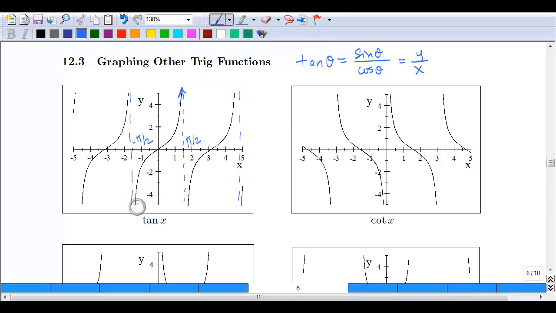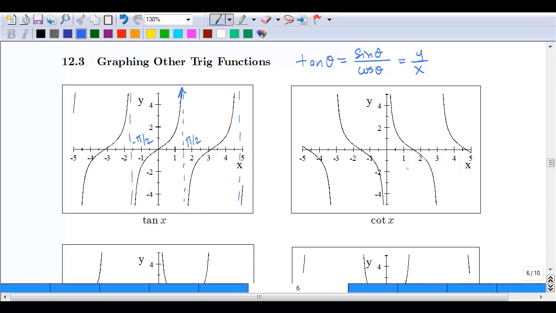We start off with very large negative ratios, and then we increase until we get to the 0, like we said, at the x-axis on the unit circle, so 0 divided by 1, and then we continue up until we get very large ratios again, because we are dividing by 0 then at pi over 2.